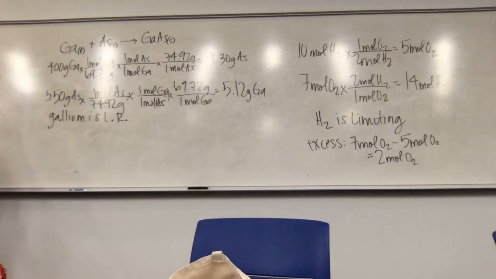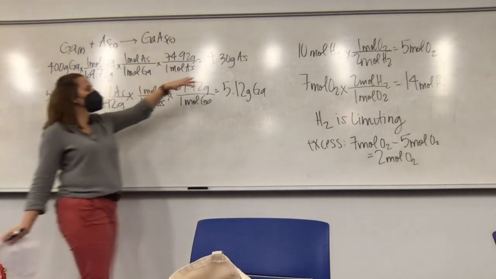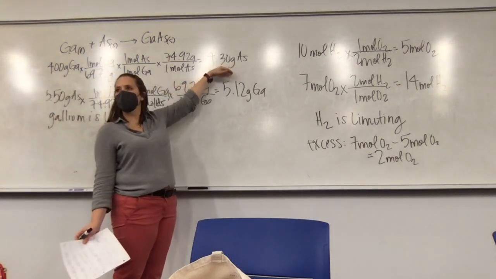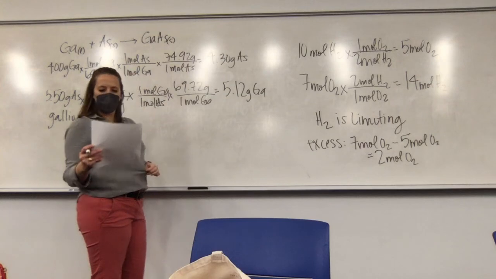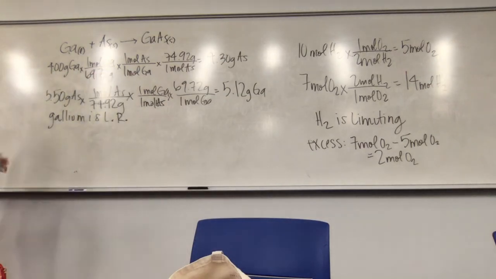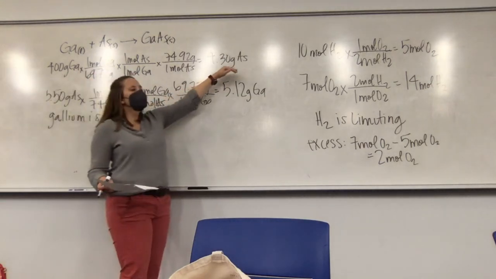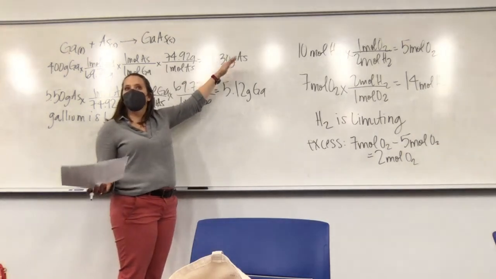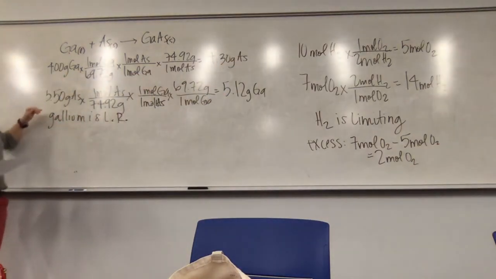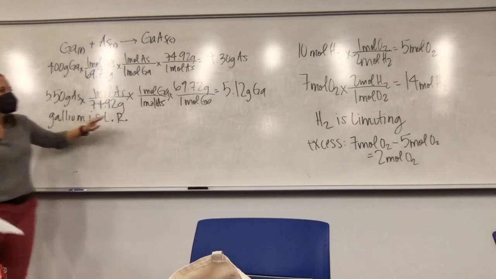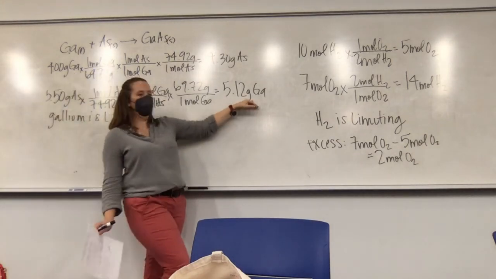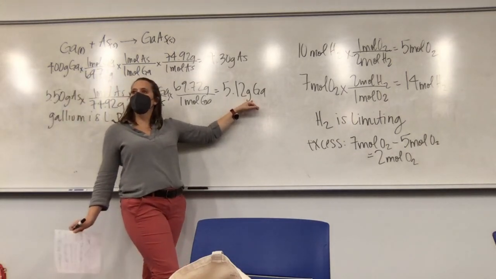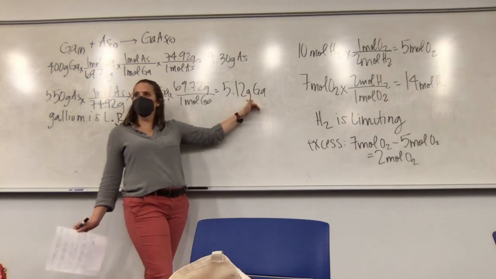So the way we got there is that 4 grams of gallium requires 4.3 grams of arsenic. We started with 5.5 grams of arsenic, so we know that we would have enough. If we were to think about using up all of the arsenic, you would have to have 5.12 grams of gallium, but you only have 4 grams.